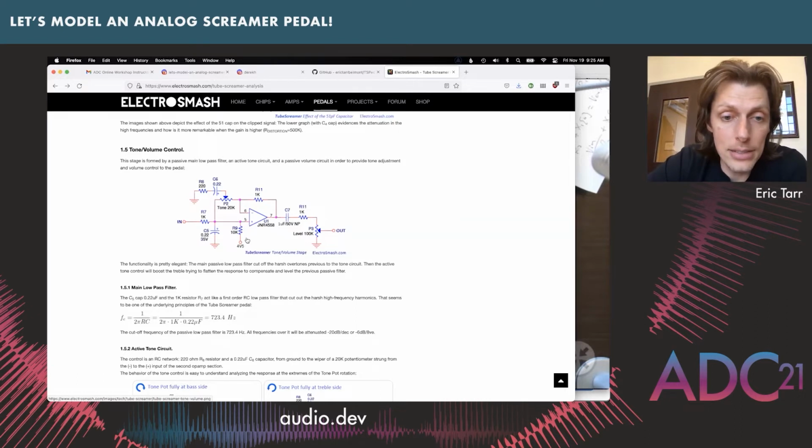So for instance, there is a node right here that's labeled 4.5 volts that is connected to our positive terminal going into our op-amp. What's happening in this pedal itself is our op-amp is set up to have a range that goes from 0 volts up to 9 volts.